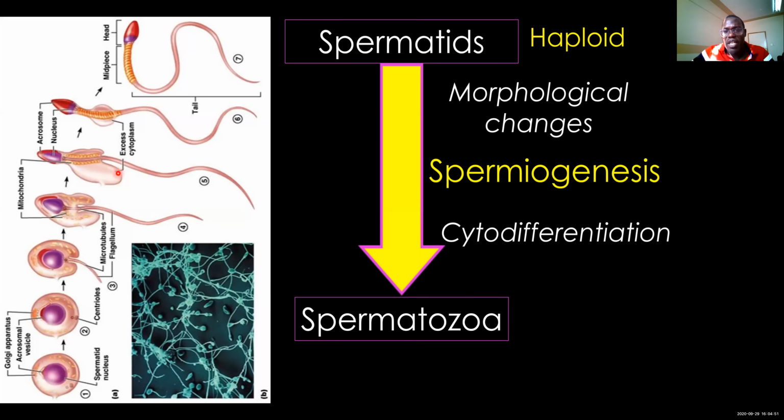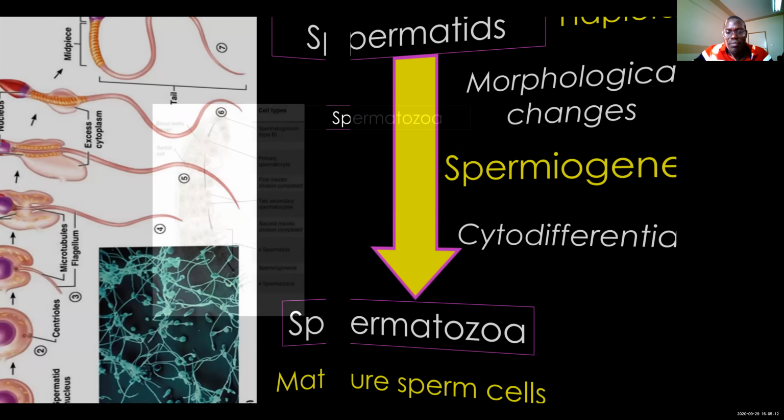So it's a time that the cytoplasm of the spermatids changes a lot. That's why we call it cytodifferentiation. Now, spermatozoa are the mature sperm cells.